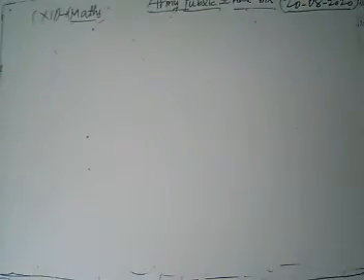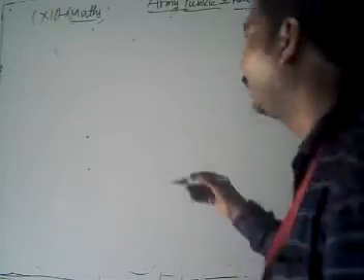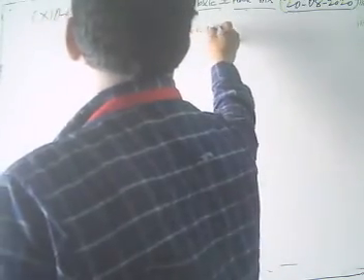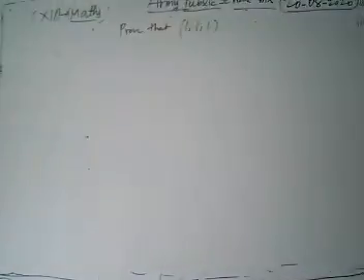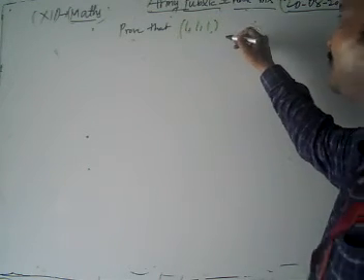Let's take the next question. We have to prove that 1, 1, 1 cannot be the direction cosines of any straight line.